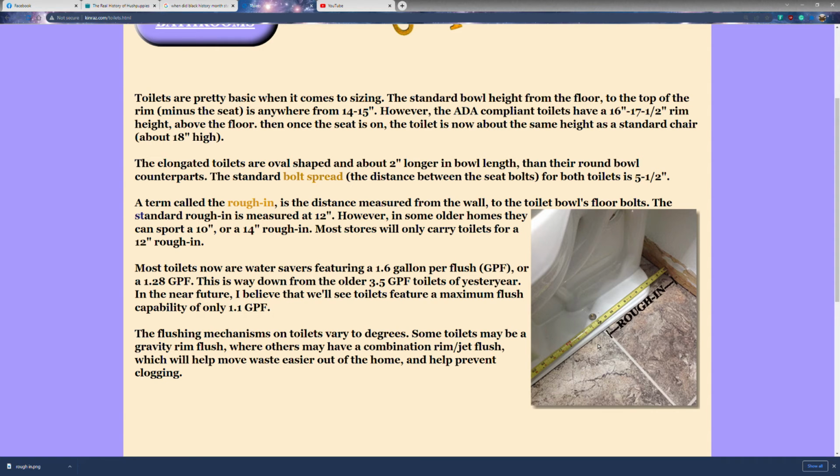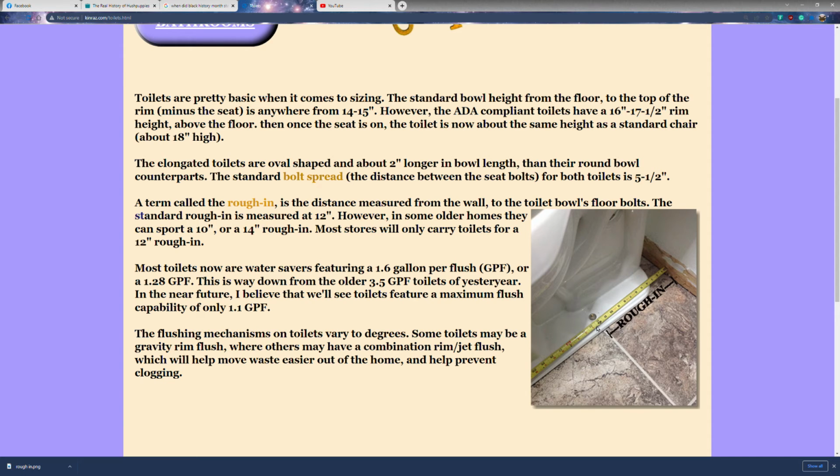Sometimes some of the older homes will have rough-ins of 10 inches, meaning that from the back of the wall to the center line of the drain, it's only going to be 10 inches. In some toilets, the rough-in is 14 inches. But for the most part, I'd say a good 95 to 99% of the toilets will be a 12-inch rough-in.